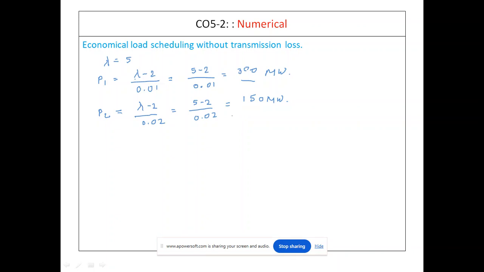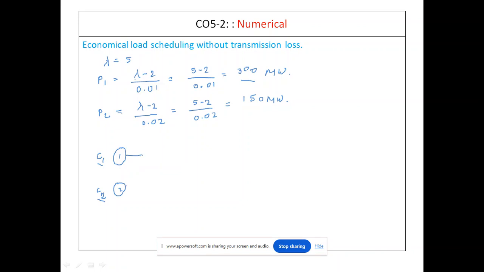Now what we have determined here is the economical load scheduling. That is, we have two plants, plant number 1 and plant number 2, and we are given the cost functions C1 and C2, that is, the performance curves or fuel cost curves.